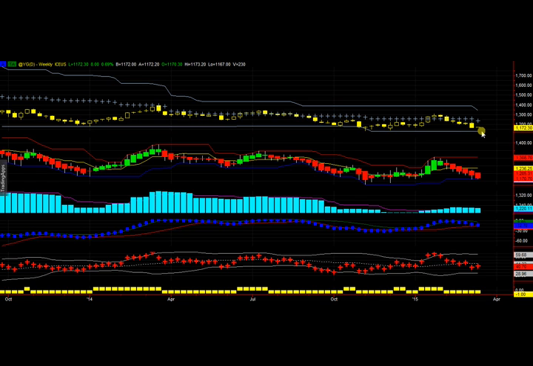I suspect that part of this weakness we are seeing in gold has to do with currency factors, namely the weakness of the euro versus the dollar, or in fact just the US dollar index's incredible strength at the current time. Looking at the other indicators, we have the composite.